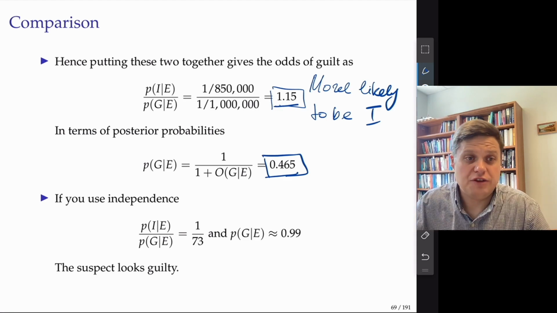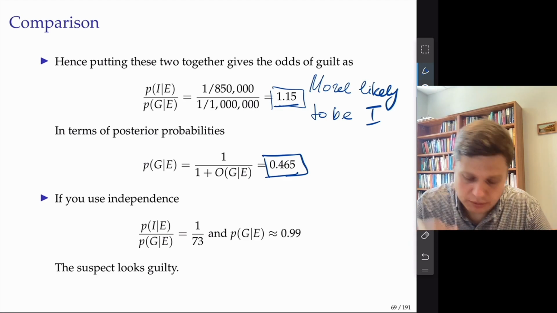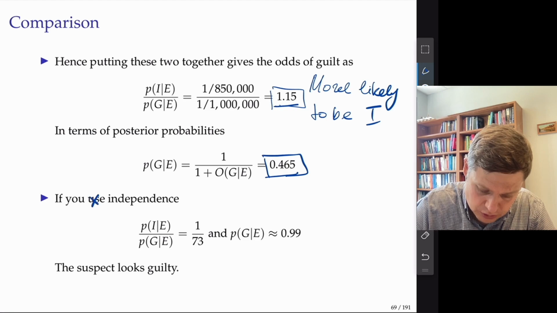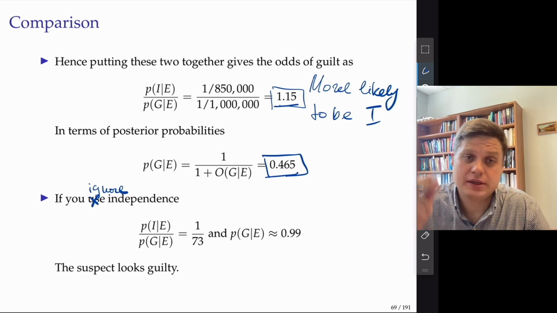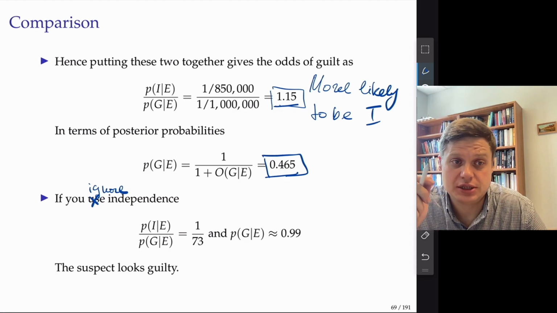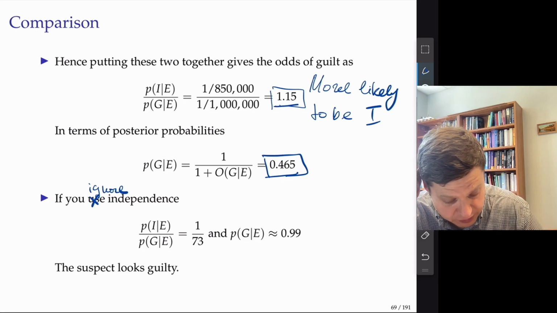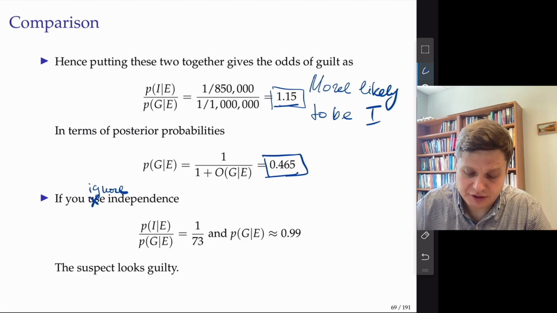And if we ignore dependence, then, you remember, it's 1 in 73 million chances that both died of SIDS and 1 in 1 million that both died because of murder. So we have a 1 to 73 ratio.